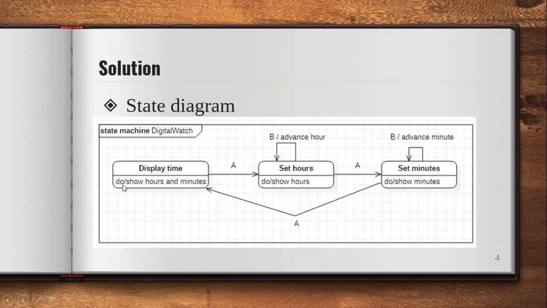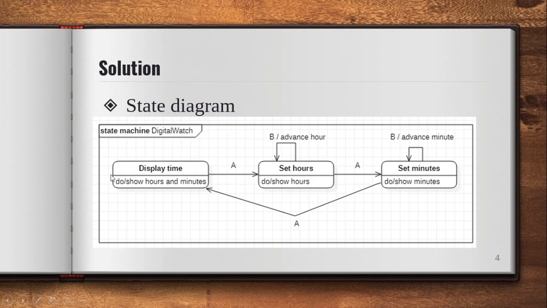The slash is used for representing an activity or showing the activity's effects, and the name or description of the activity follows the event that causes it. The keyword do is reserved for indicating an ongoing activity. After the slash there is a name, show hours and minutes. A do activity can only occur within the state, and it includes continuous operations. So this is an ongoing state.